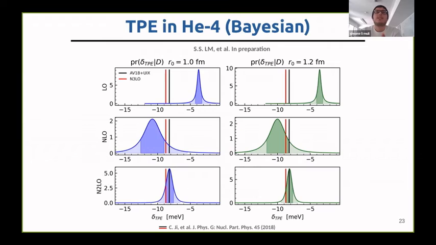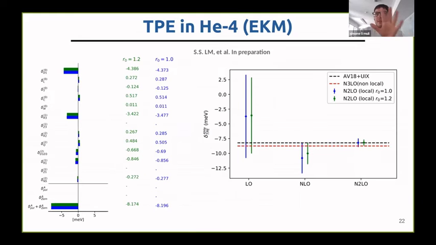The nuclear structure uncertainty is this one here, maybe it's better to show this plot here. These are the uncertainties coming from the nuclear model. So these uncertainties here come from our truncation of the nuclear Hamiltonian in the chiral expansion. So this one is the one related to the nuclear structure uncertainties.